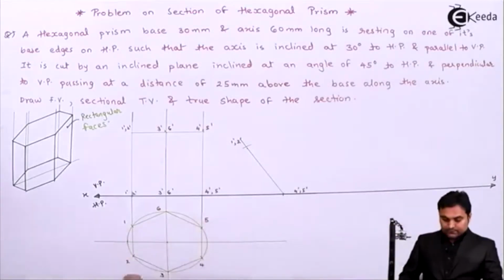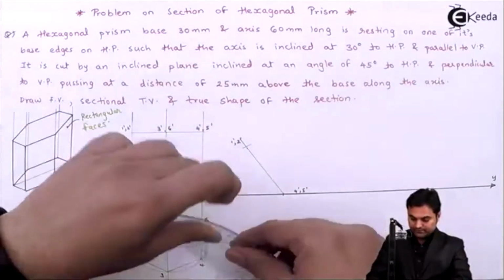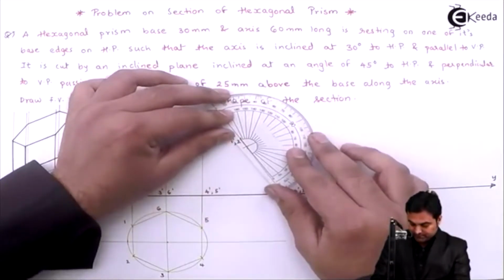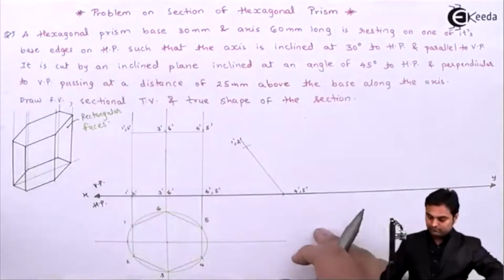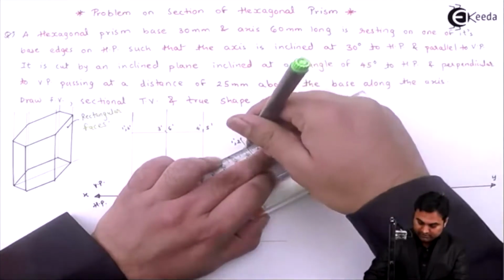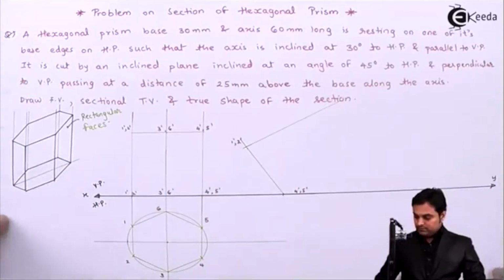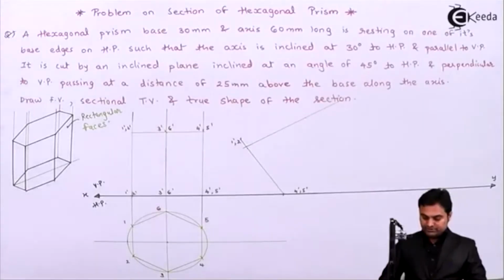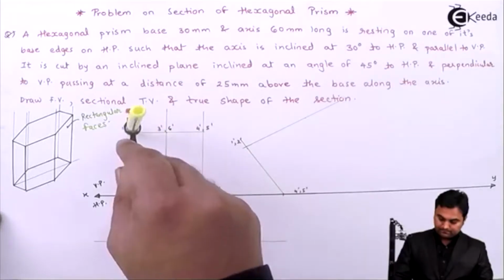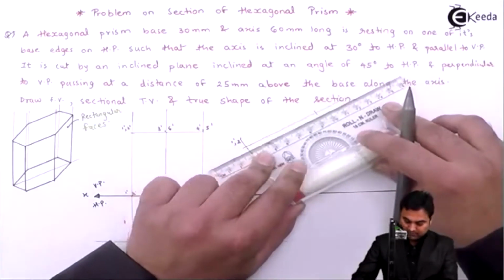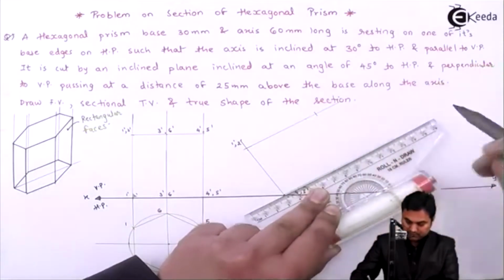Then here this edge is perpendicular, so I'll say that from this point I'm going to mark an angle of 90°, projecting a light line. Then I'll mark the height over it, which is 60, that is 1 dash 2 dash, parallel to it, a light line.